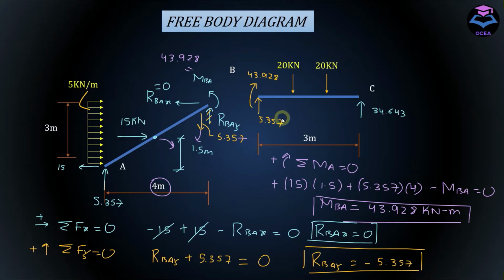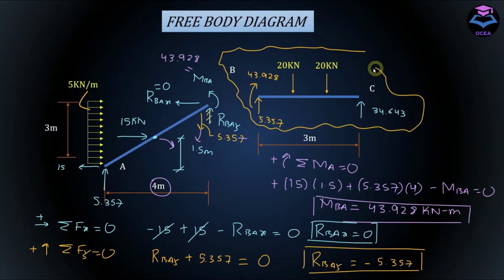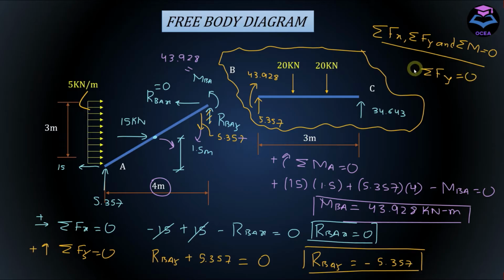Now the last thing that you can do here is to check your calculation, and you can do that by applying conditions of equilibrium to this whole member BC. So let's check summation of f of y whether it's equal to 0 or not. So summation of f of y equals 0. I'm going to take upward force as positive. So we have 5.357 and 34.643 going upward, hence positive.